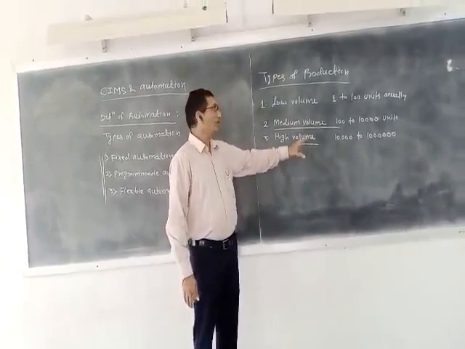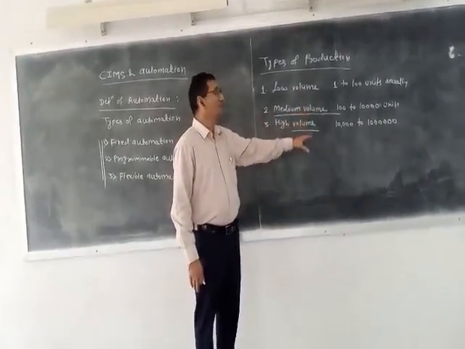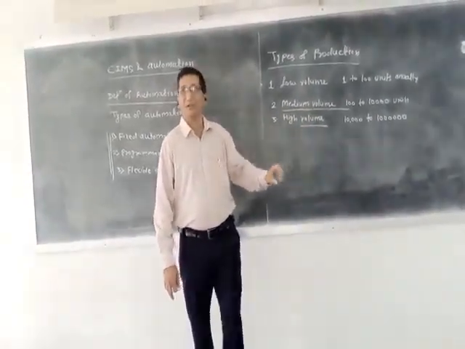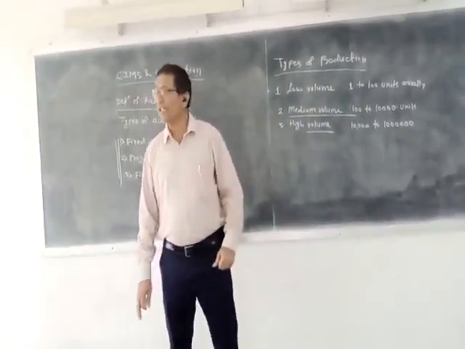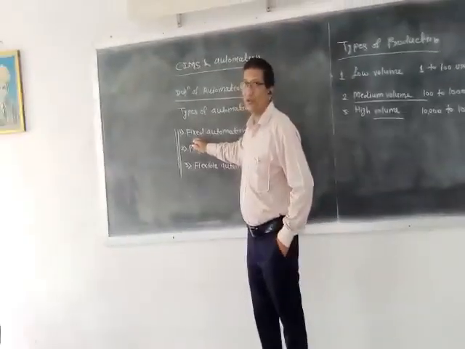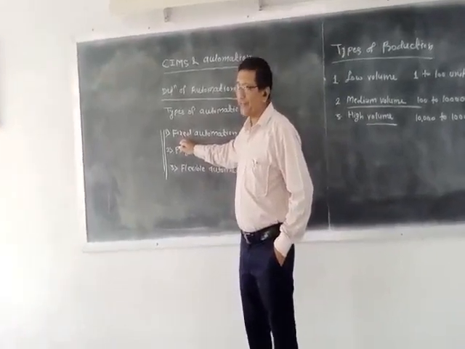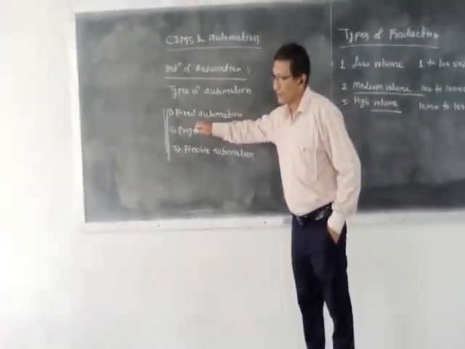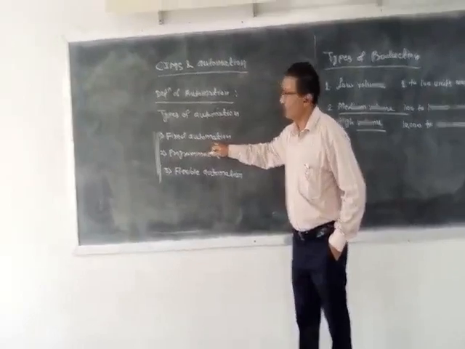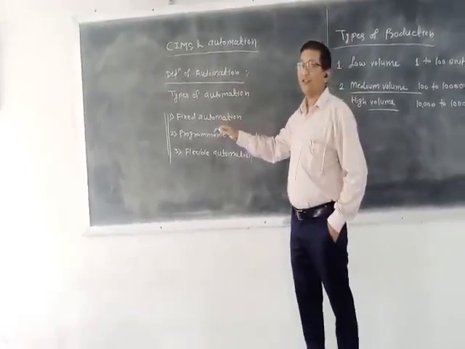And that's why, depending on these types of production system, you can select a suitable type of automation. Now, we'll again come across the automation. The very first we have mentioned is fixed automation. Now, fixed automation means what?